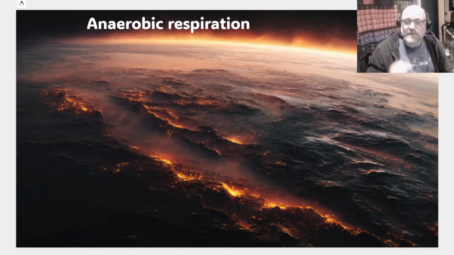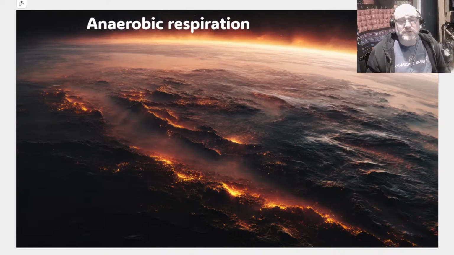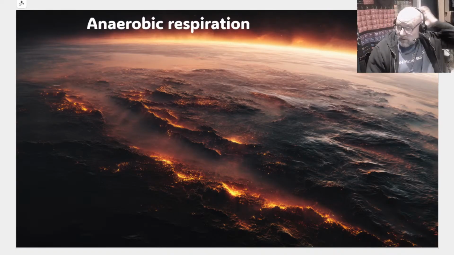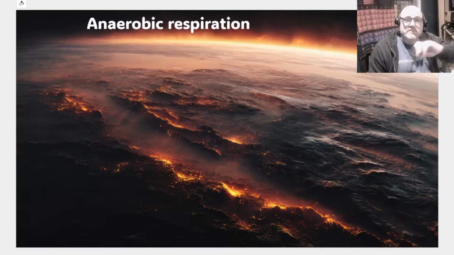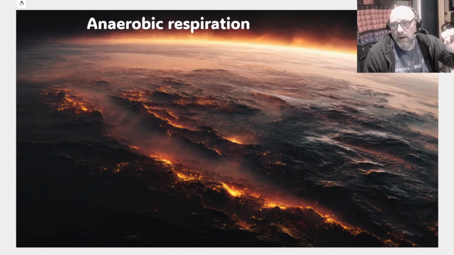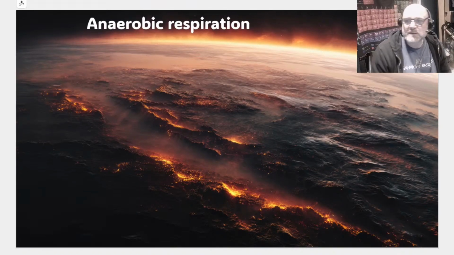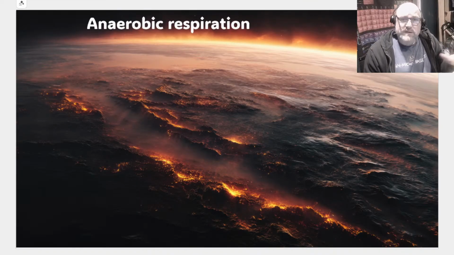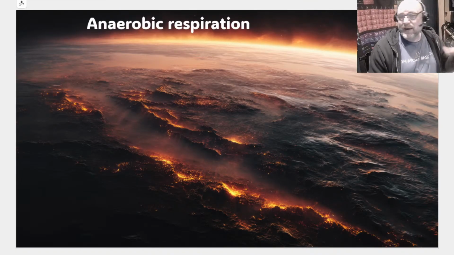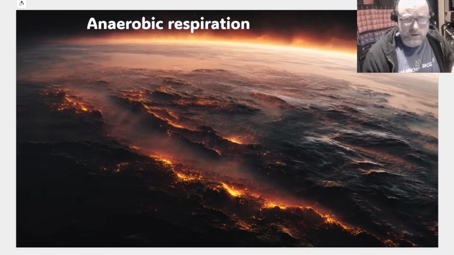So the early Earth had no oxygen, or very negligible oxygen. There were oxygen atoms, of course, made during a supernova or whatever, but there wasn't any atmospheric oxygen, free oxygen like O2 as we see it. So living organisms had to develop methods of making energy, of doing respiration, without oxygen.